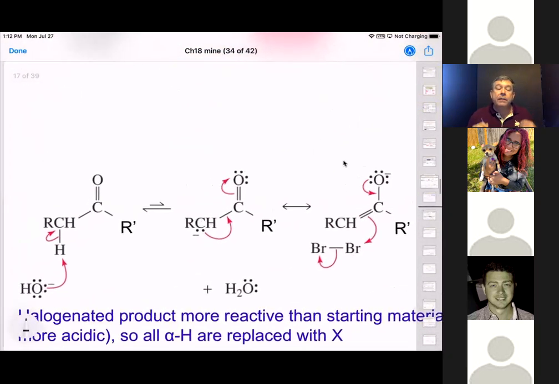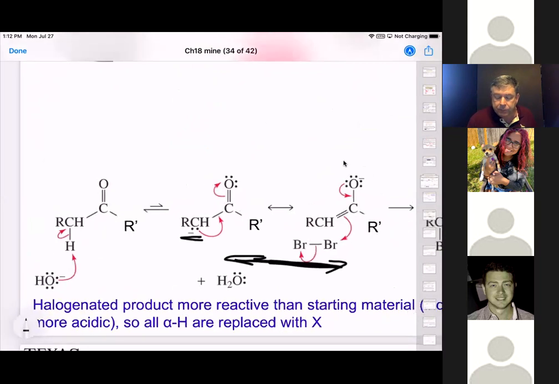Okay, so in the base mediated system, the first thing is to pull a proton off of that alpha carbon. When you do that, you create your anion here on your carbon, which of course is then resonance stabilized back and forth between the enol and keto. So we formed our enolate because it's an anion, and we've shared that negative charge over the carbon and the oxygen.